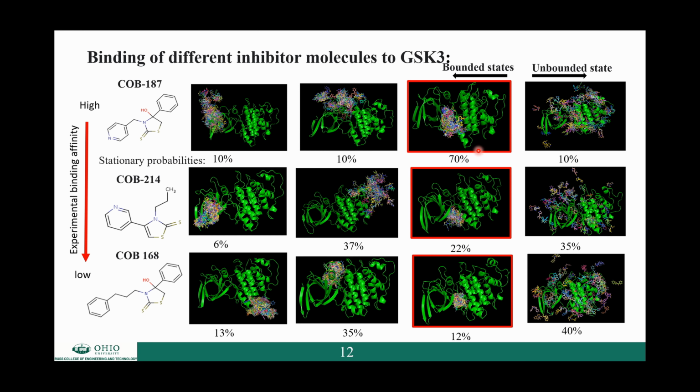We have a 70% chance of binding to the exact experimental binding pocket reported in the experiment, close to cysteine 199, and COP214 shows 20% binding to that location, and COP168 shows 12%. So not only did we predict the exact location of the binding, but the order also perfectly matched the experimental result.